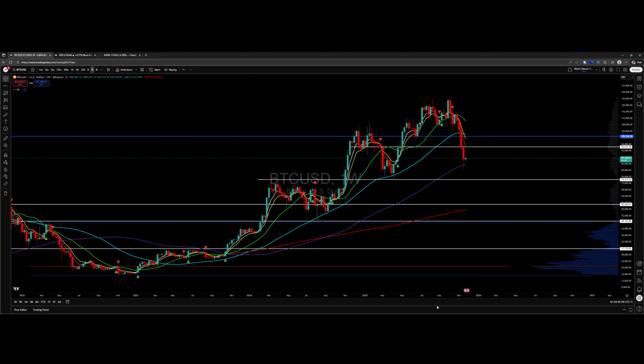This is a critical juncture, because if it starts to break down from here and you start looking to the 200 weekly, which is a completely normal place to go, it's going to make a lot of people really uncomfortable, and it could trigger some other selling. So let's keep our heads on a swivel and do what we're told. Use your stops, play safe, mitigate the risk, and don't use too much juice, because that's where you're going to get in trouble. But if you do that, you're probably going to be okay.